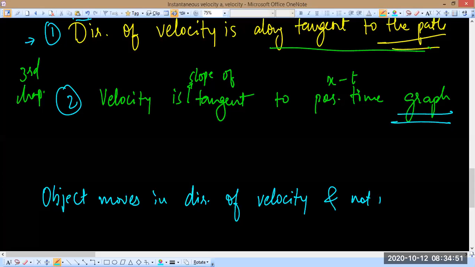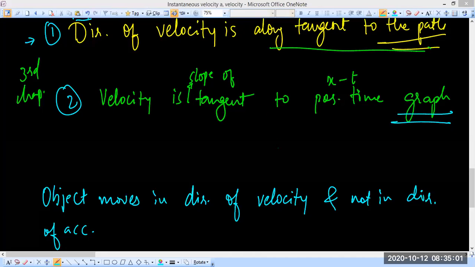And not in direction of acceleration. See, that is still true here. That is still true over here, right? It is still valid. In fact, our sentence 1 and this sentence actually mean more or less the same thing, right? I'll tell you how.